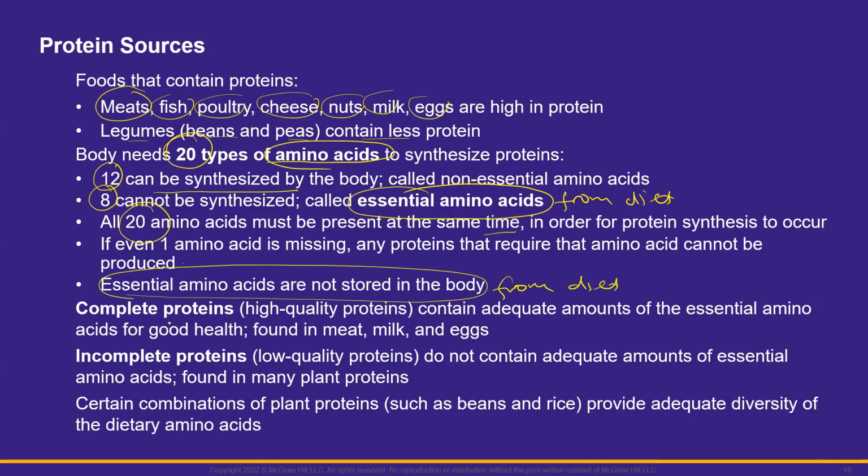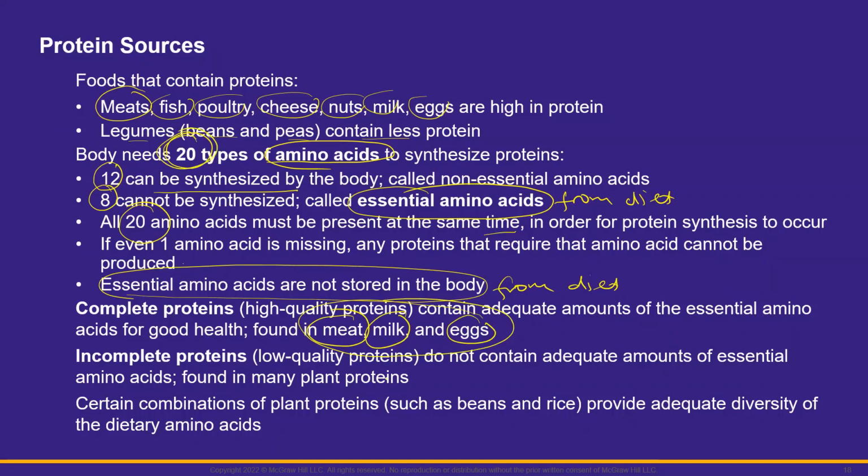Okay. Complete proteins, high quality proteins, contain adequate amounts of the essential amino acids for good health. Found in meat. So meat actually has the complete 20 amino acids, as do milk and eggs. If we consume these, then it should be enough for having the 20 required amino acids.